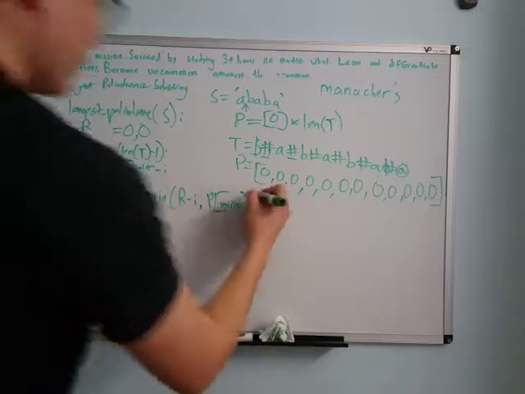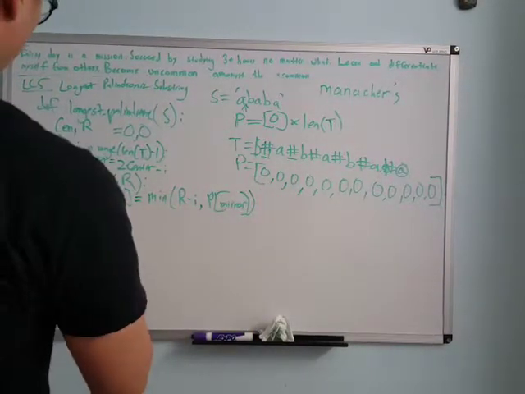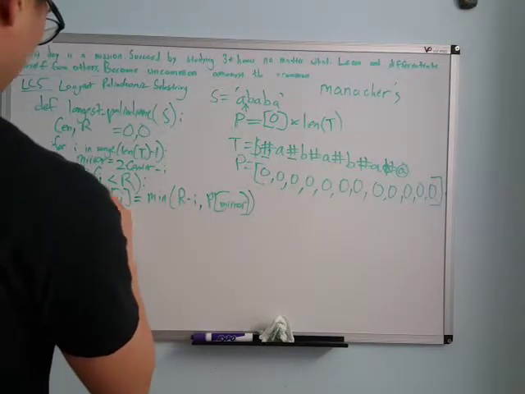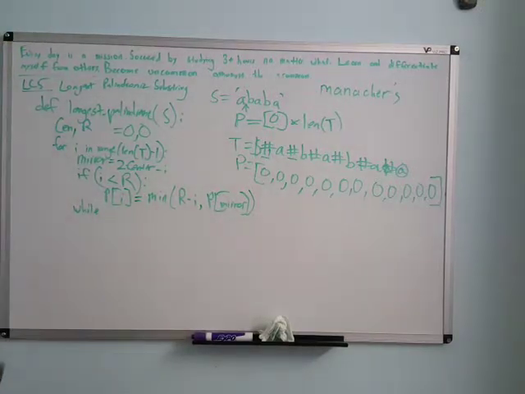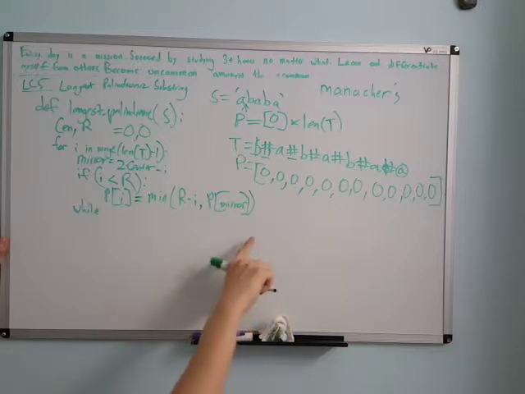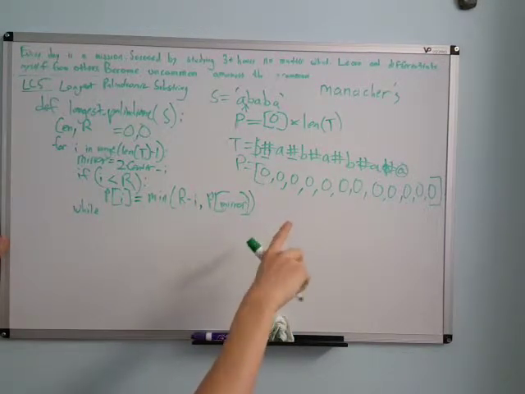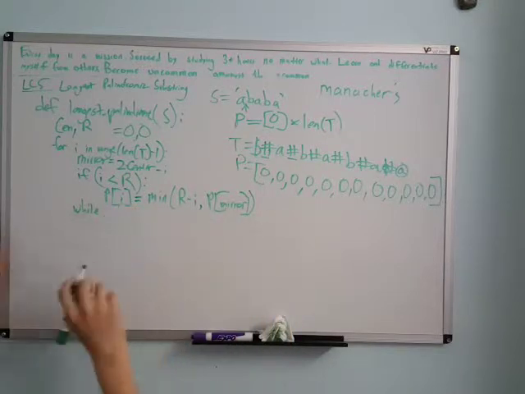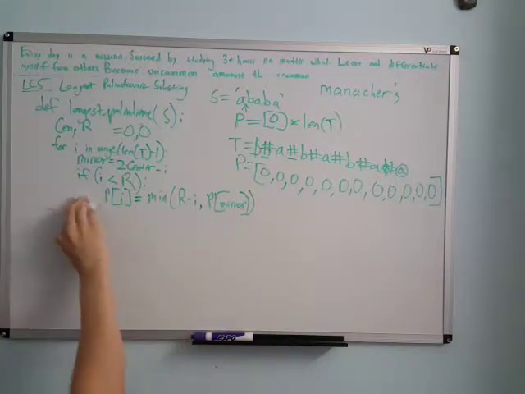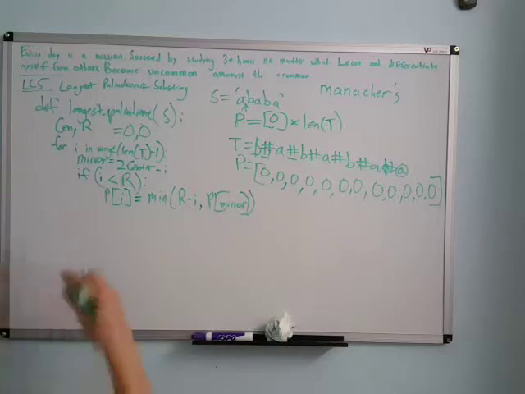And then after we do that, we need to do a while loop. I actually made a mistake here when I was doing this, so I'll try not to make it again. So what do we loop on? Right, we're going through T. I'm writing too big, I think.